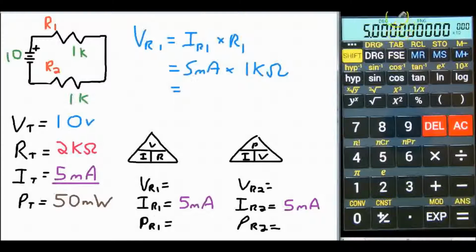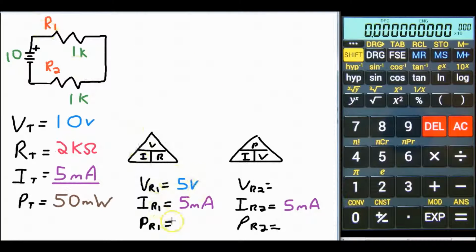And we get an answer of 5. But notice our power of 10 here. Our power of 10 is 0. So there is no engineering letter. So we go ahead, it's 5 volts. So the voltage across R1 is 5 volts.